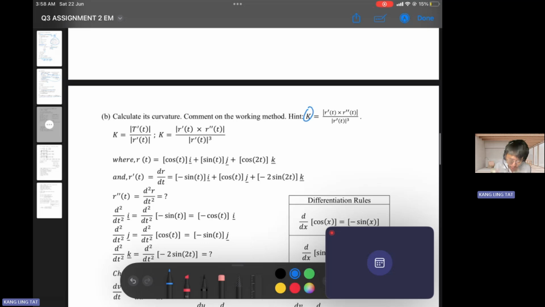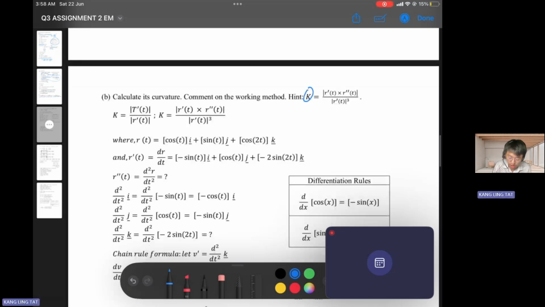But it can also be written as the magnitude of the cross product of the first derivative of the vector function and the second derivative of the vector function. That is going to be the top, over the cube of the magnitude of the first derivative of the vector function.